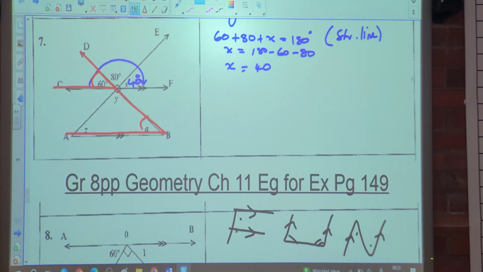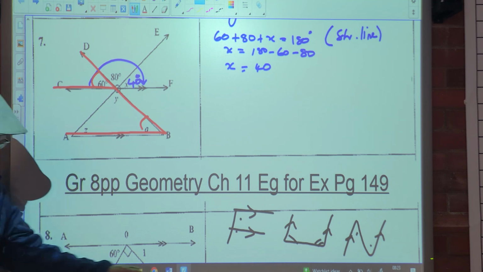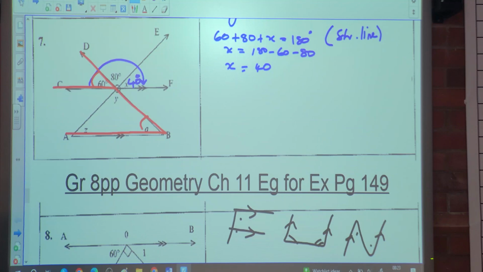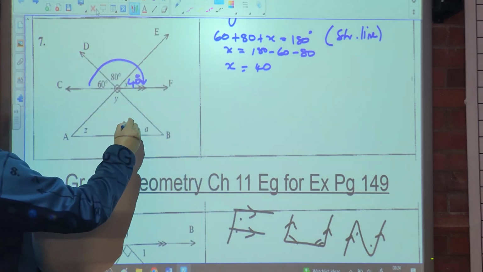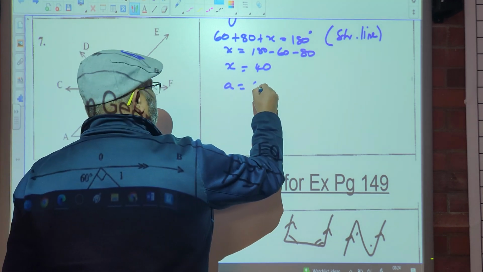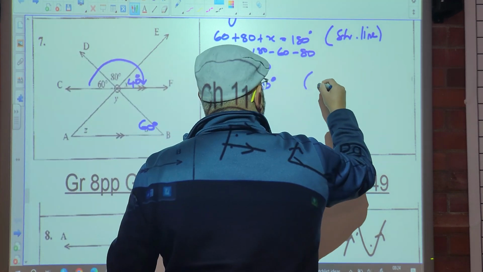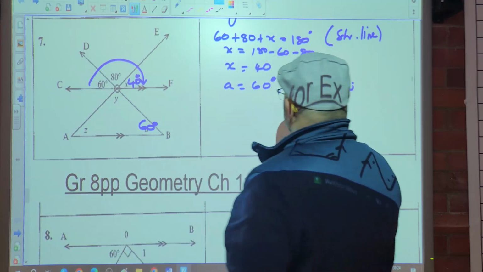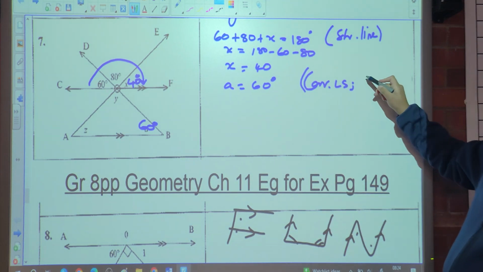Easy enough, if somebody shows you. Okay, so a is equal to 60 degrees. It is corresponding angles. And what must I not forget? The lines that are parallel, which is CF.